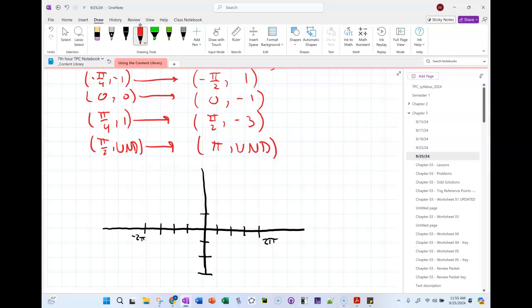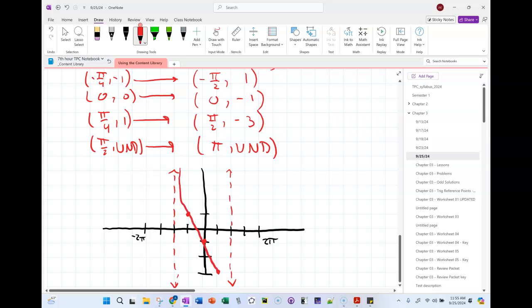I'm going to put my asymptotes in first. So there's negative pi undefined. And here's positive pi undefined. And then if I draw in, I have negative pi over 2, positive 1, 0 negative 1, and then positive pi over 2 negative 3.